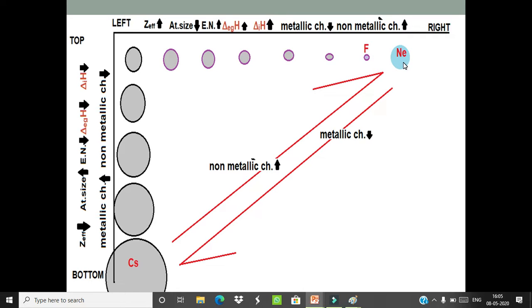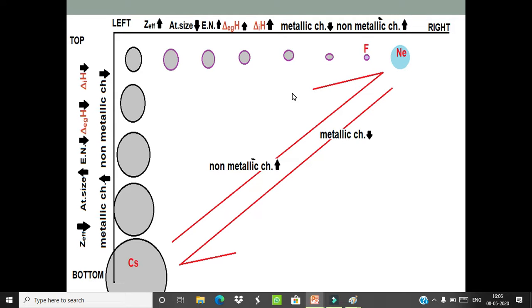The reason is that here we consider the van der Waals radius in place of the covalent radius, and as we know, the van der Waals radius is the largest among all the radii. That's why in the respective period, all the noble gases generally show a comparatively large value of atomic radii. So this is all about the periodic trend.